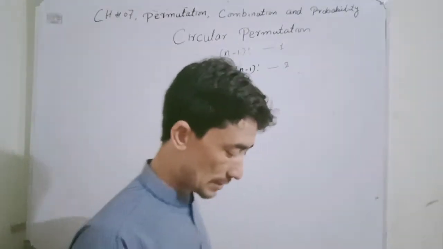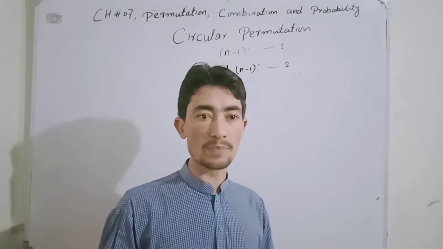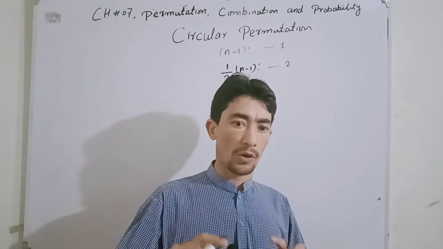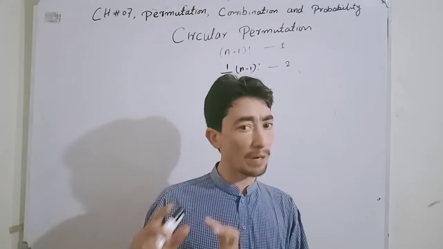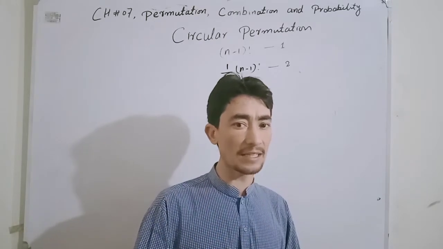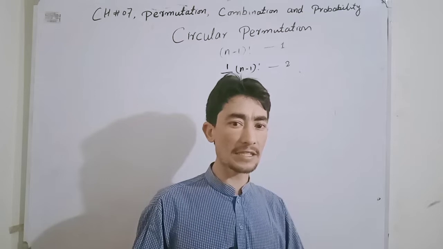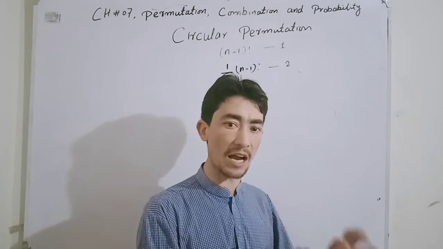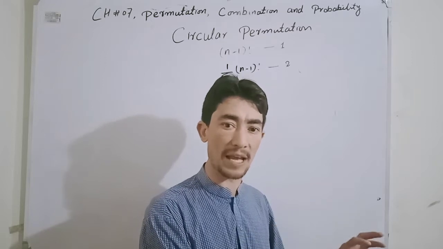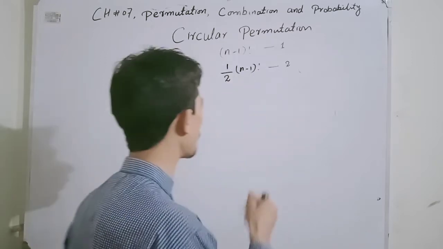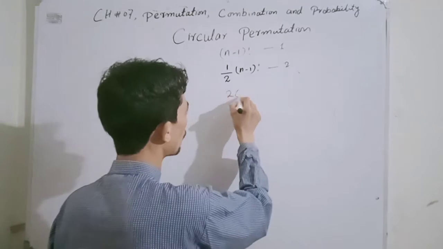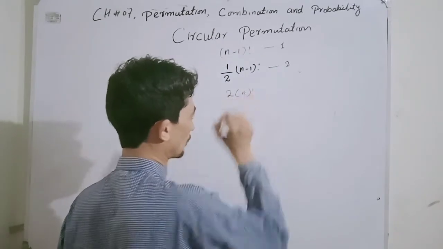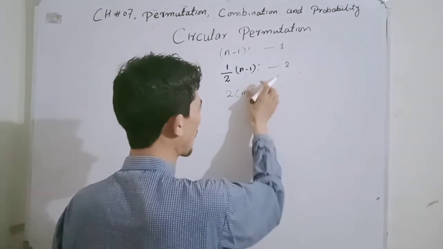And third one, students, sometimes you will see that some people want to permute the different objects in a circle, but in that case if you want to keep the two objects on the same seat or same place, so at that time the formula will be 2 times n minus 1 factorial, students.